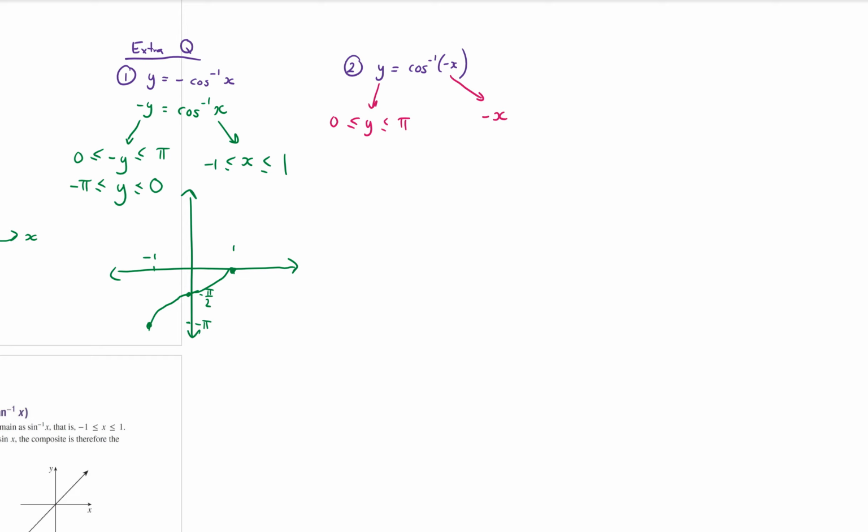X minus x is going to be between -1 and 1, which means to divide by a negative sign, 1 divided by -1 becomes a -1 that comes to this side, and -1 divided by -1 becomes a +1, which goes to that side.